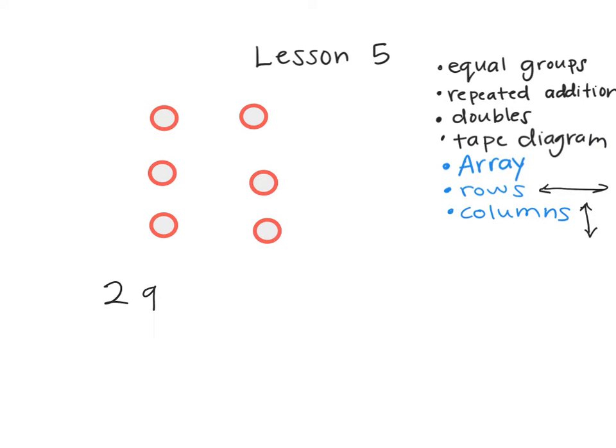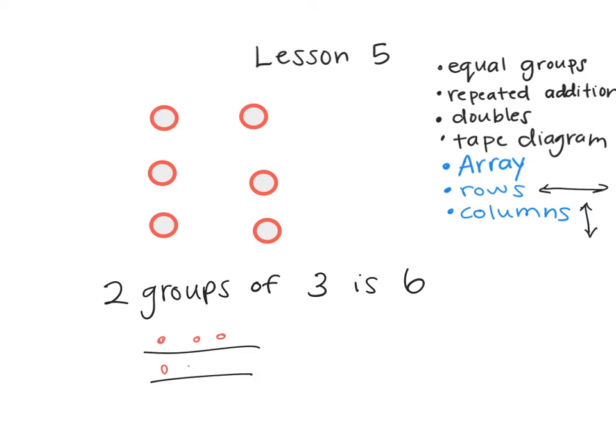So 2 groups of 3 is 6. And it's just the exact same way that we had it with rows. With rows, we had them going across, and we had 1, 2, 3, 1, 2, 3, and that's still the same thing. 2 groups of 3 is 6. This one's just going up and down in columns, and this one's going across in rows.